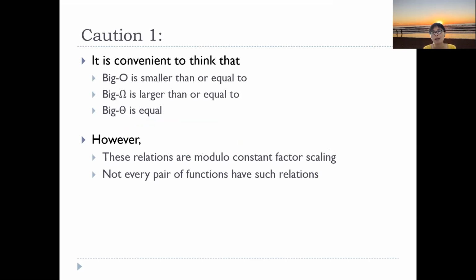But these are functions, there are constants involved. So all these relations hold modulo constant factor scaling. That's why I can say that n is in the big theta of 100n, even though clearly they're not the same, and n in fact is smaller than 100n, but up to a constant, they're about the same order.